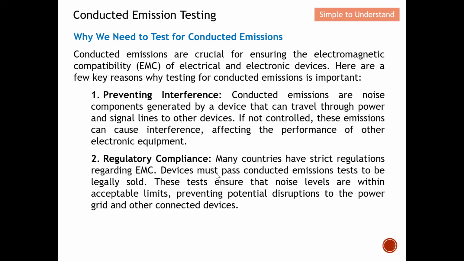If you want to sell a device in that particular country, you need to ensure that it passes the conductor emission test before you can start to sell the product in the market. This test ensures that the noise level is within acceptable limits, preventing potential disruption to the power grid and other connected devices, as I explained earlier.